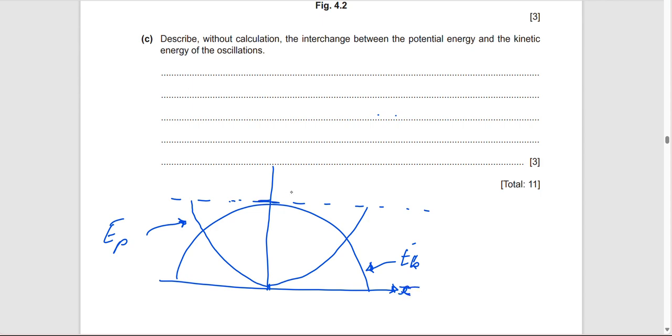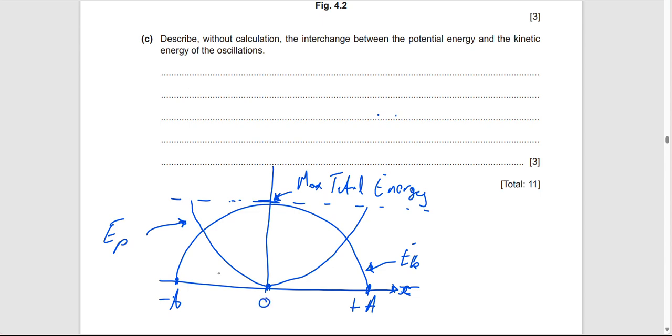And here we have maximum total energy. So this is what we are supposed to explain. When the oscillation is at maximum, this is where the amplitudes are, negative amplitude and positive amplitude.